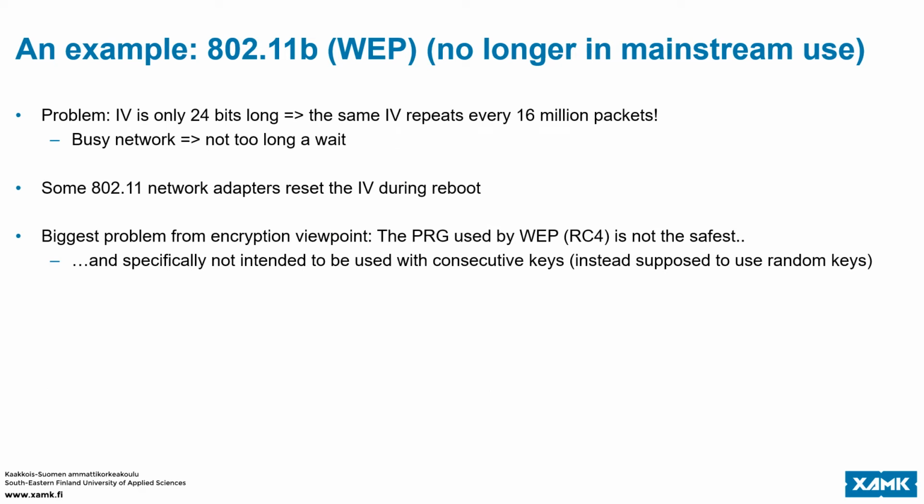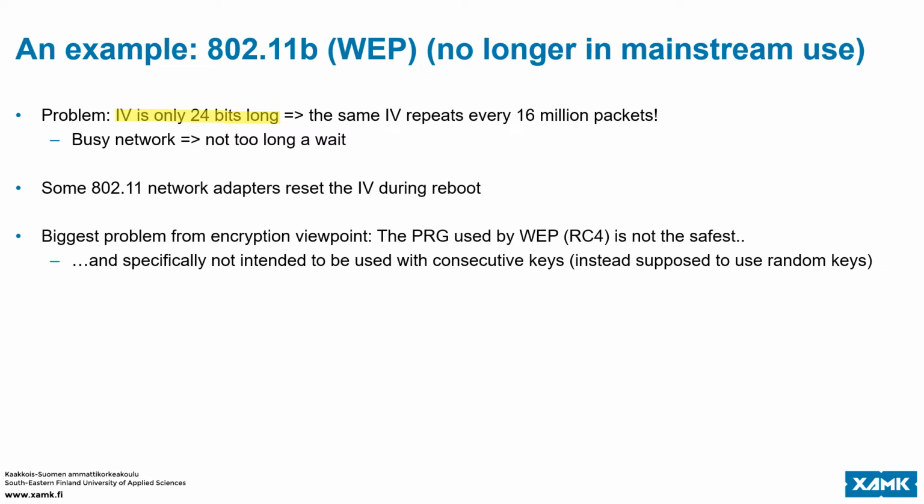The problem with this design, although it was clever, was that the initialization vector was only 24 bits long. That means the same initialization vector value repeated every 16 million packets. If you have ever used any network sniffing tools, you will see that in a busy network, it's not actually that long a wait.